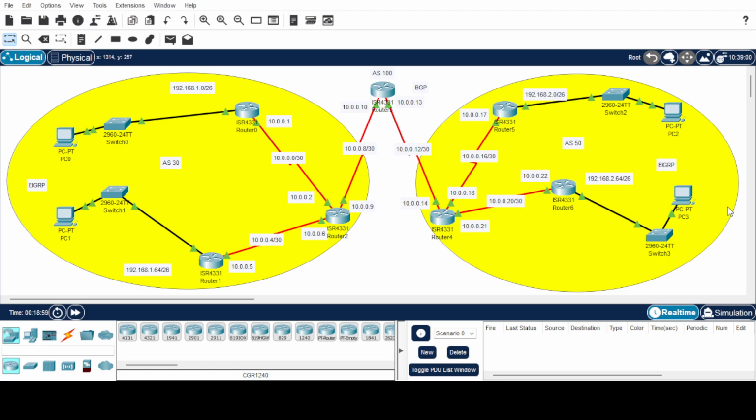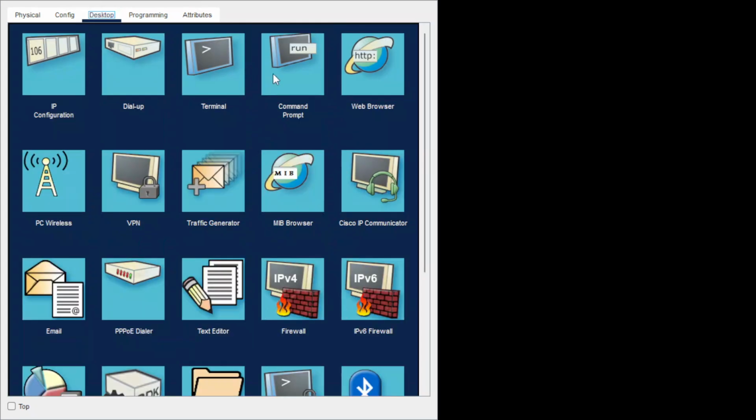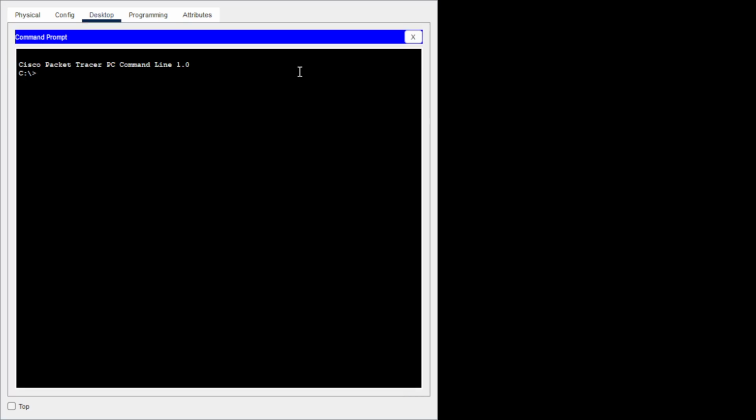Similarly, we have to do it for the second network domain, PC2 to PC3. For reference, let's try to ping from PC2 to PC3, 192.168.2.66.